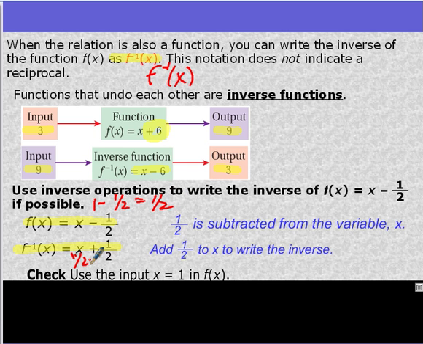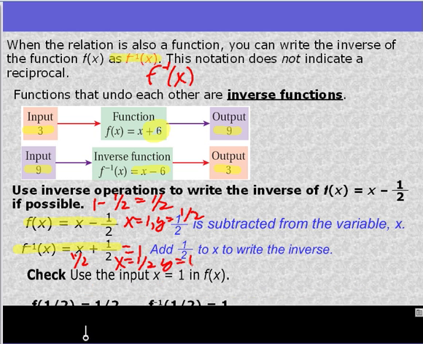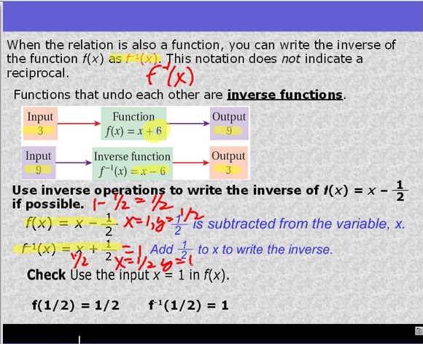So you can see we went from x equals 1 here, and a y equals 1/2. And here we had an x equals 1/2, and we got a y equals 1. So our x and y values were switched. So it is the correct inverse function. So again, it always helps to check, because sometimes we make mistakes, and if you check, it usually catches those.